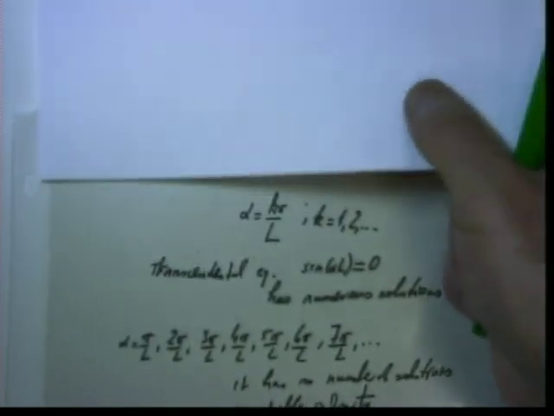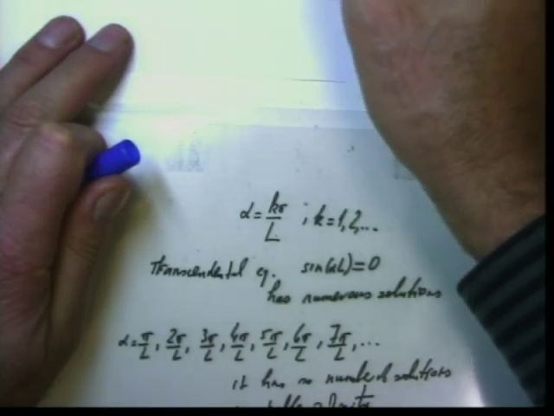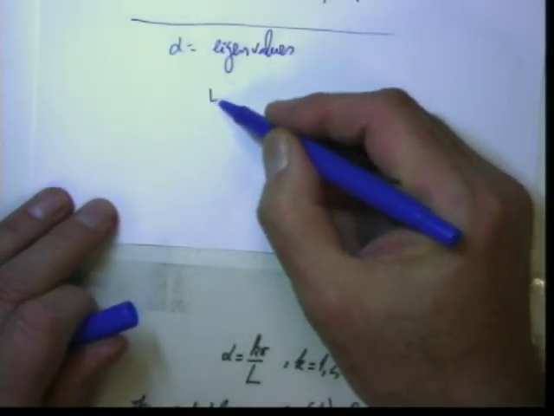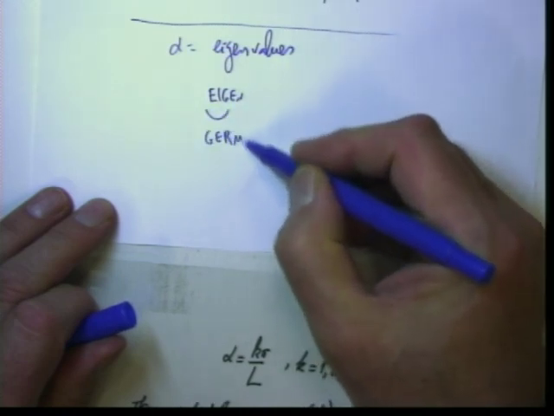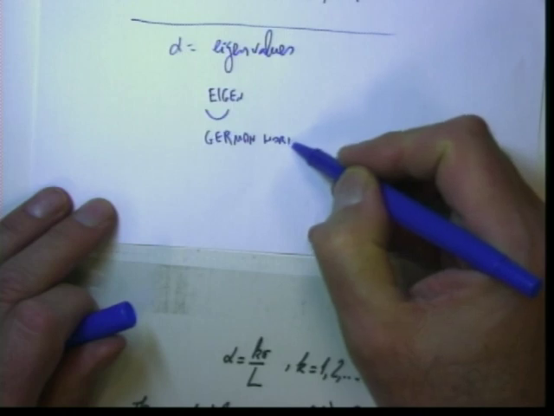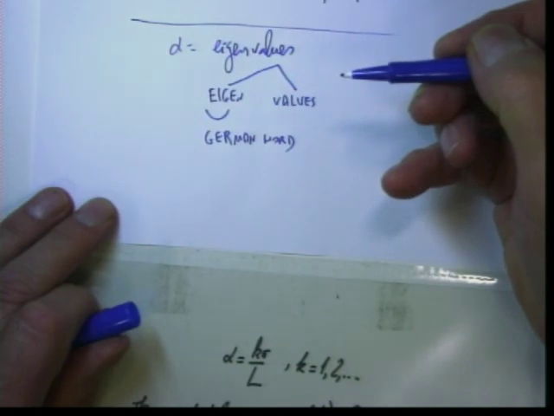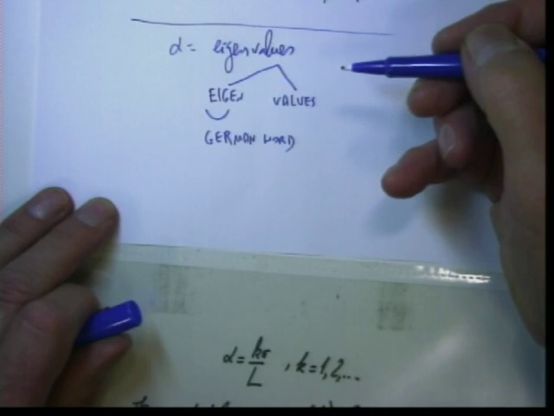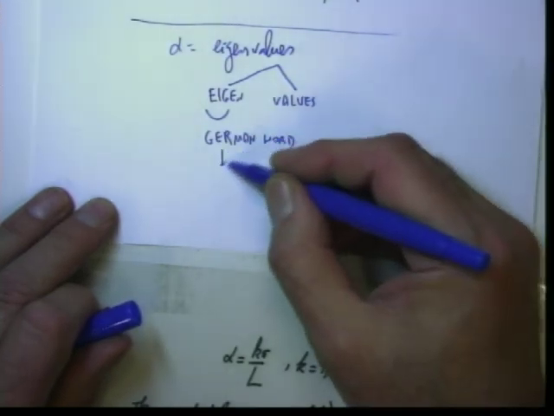Let me write it down here. Alpha, eigenvalues. So eigen is a German word, and values is an English word. So somehow they appear in the same word. Every time you type it in the computer, it says that it does not feel very comfortable with this. Okay? So eigen actually means own.